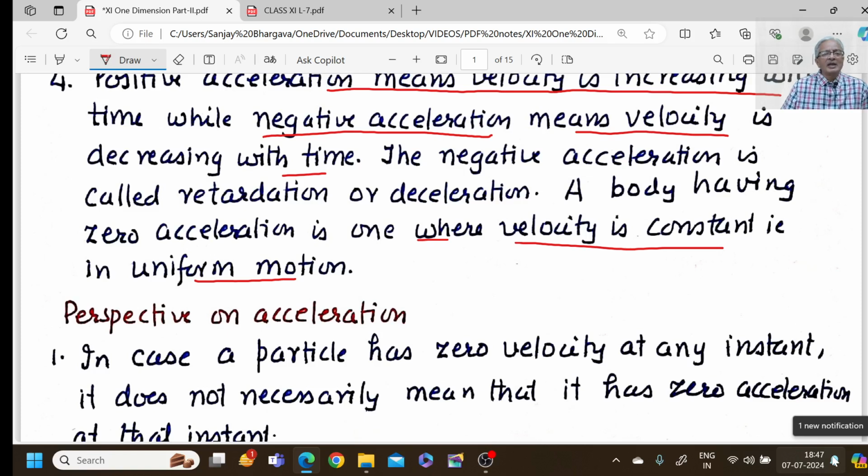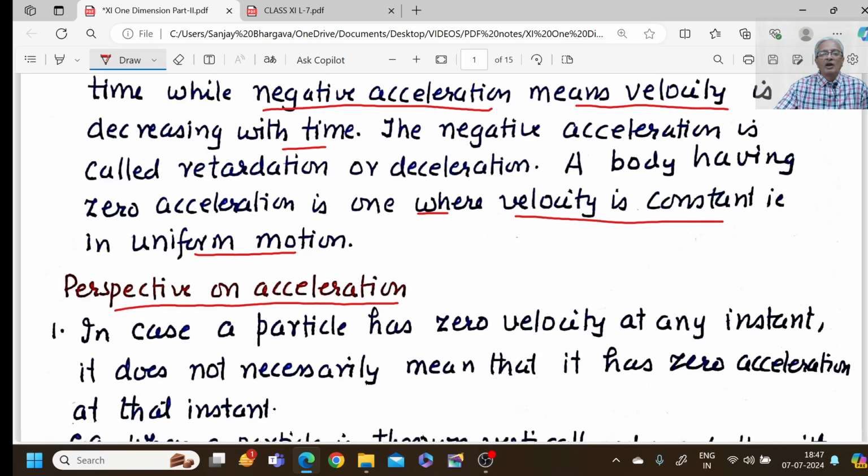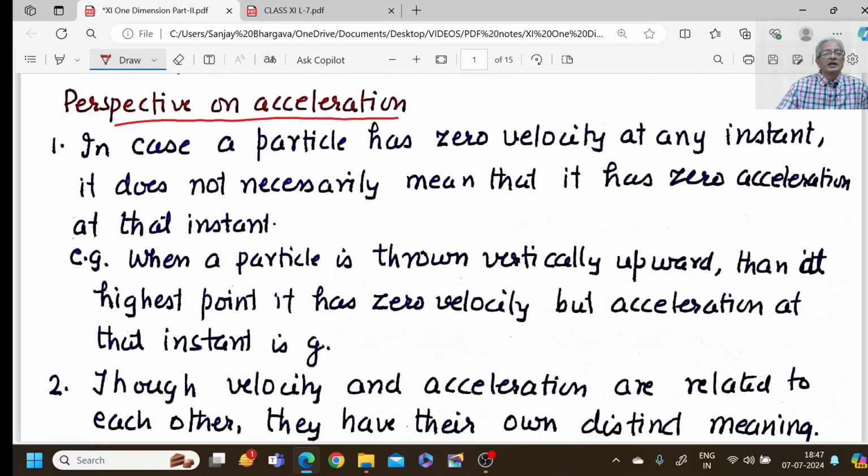Now what is our perspective on acceleration? In case a particle has zero velocity at any instant, it does not necessarily mean that it has zero acceleration at that instant. What I am trying to say is, a particle can have zero velocity, but it does not necessarily mean that it should have zero acceleration at that instant of time.